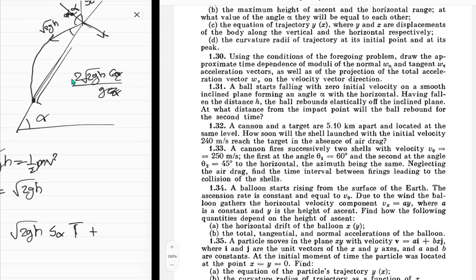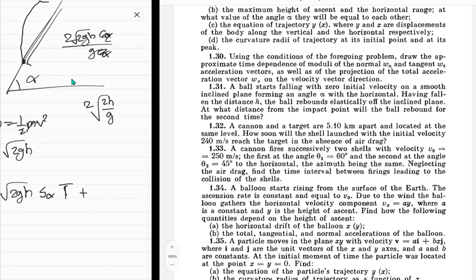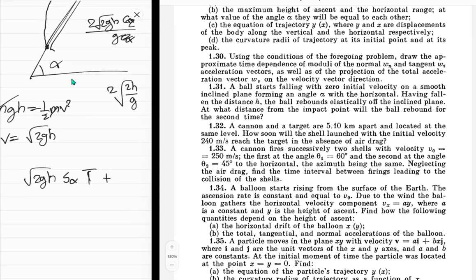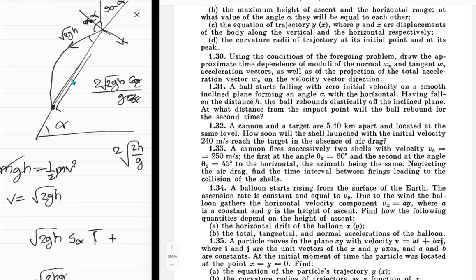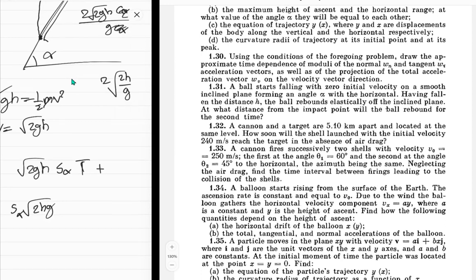So this is the time period, which is basically just 2 square root of 2h upon g at this point. So now this thing times the initial velocity, that's square root of 2gh, and then cosine of this angle, which is sine alpha. So sine alpha times this thing, and then the time period.